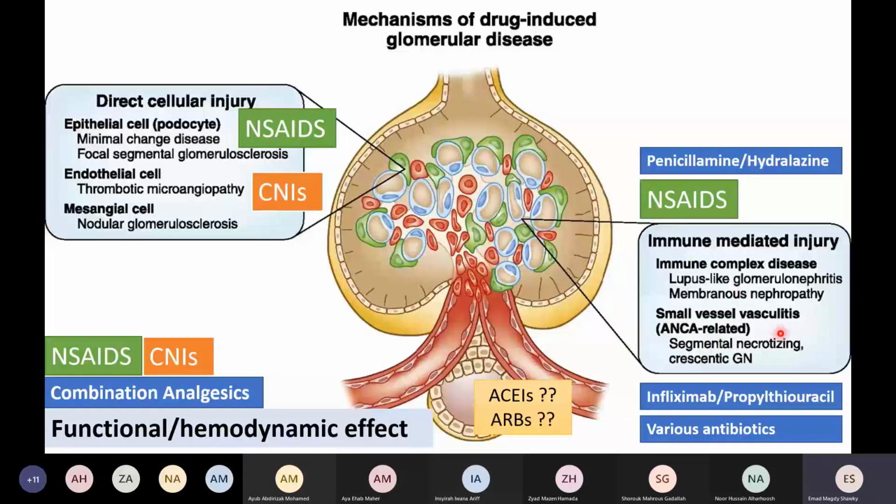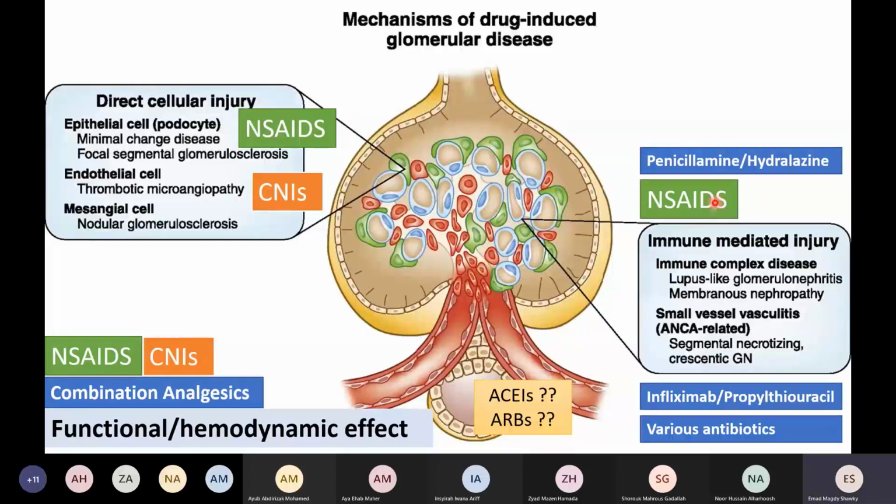What's the meaning of membranous? These immune complexes will be deposited in the glomerular basement membrane, making it not function well, so the patient will lose protein and blood in urine. And this also can be induced by the non-steroidal anti-inflammatory drugs, by hydralazine, and by penicillamine.